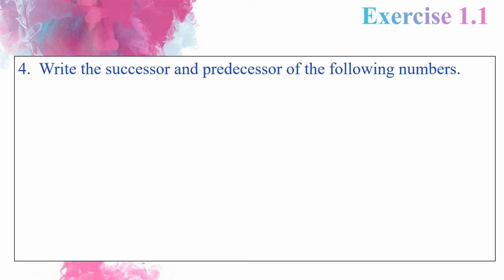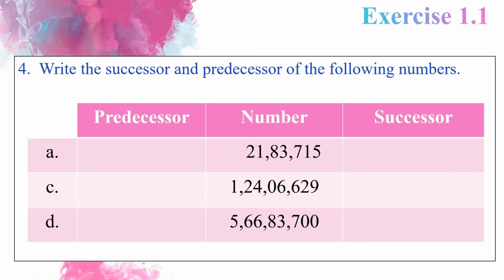Similarly, to get the successor of the given number, we need to add 1 to the number. For example, if we have 5, to get the successor of 5, we need to add 1. That is 5 plus 1, which is equal to 6.